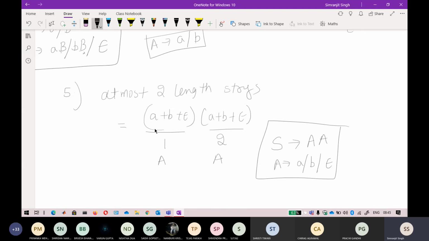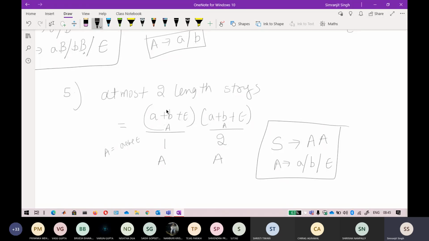Okay, so if you are seeing there, the same expression, a plus b plus epsilon, is given here. This is one length and this is the second length, and you can replace this a plus b plus epsilon by a variable name A. Similarly, the same thing is written here, so that is why it is also A. Start with the start symbol S equal to A, and what exactly is inside A, you just write it.